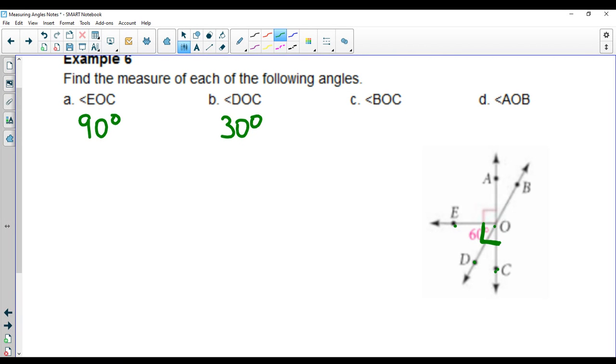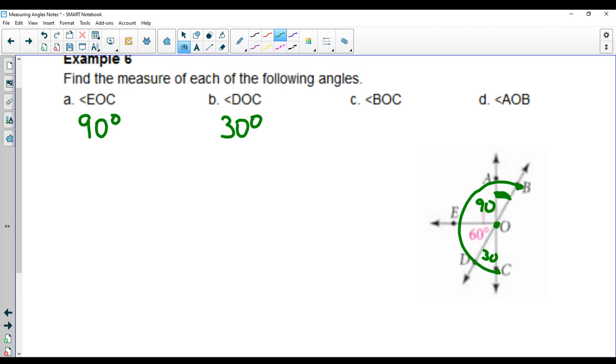Now they want the measure of angle BOC. Now this one's weird. We want to go from B to O to C. It is all this business. It's a big angle. Well, we already know this is 90, this part's 60, and this part's 30. All we have left is this little piece right here. How do I know what it is? Well, if you look closely, this 30 that we've labeled and this one right here, they are vertical angles.